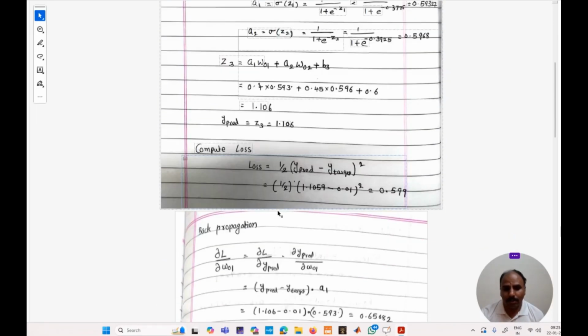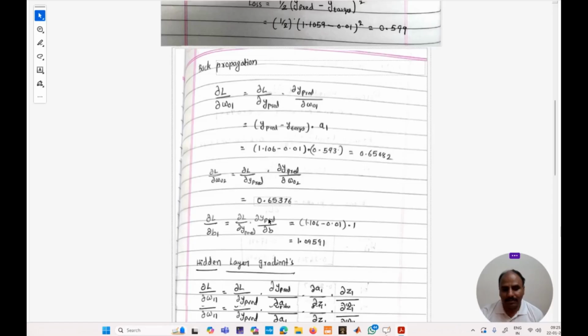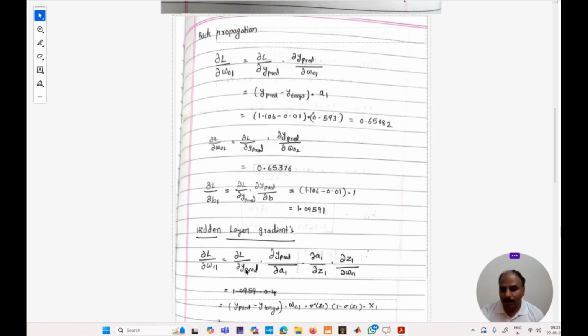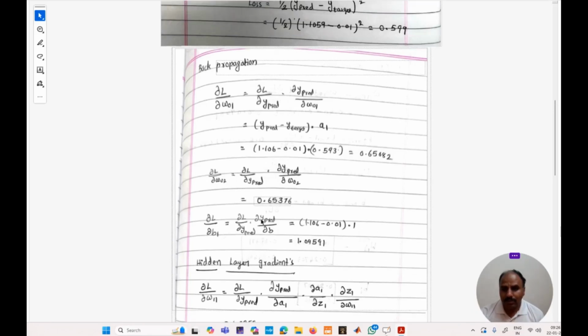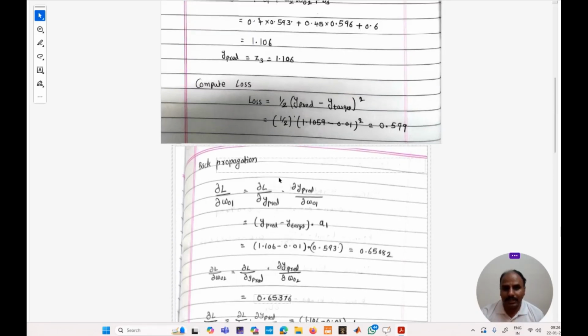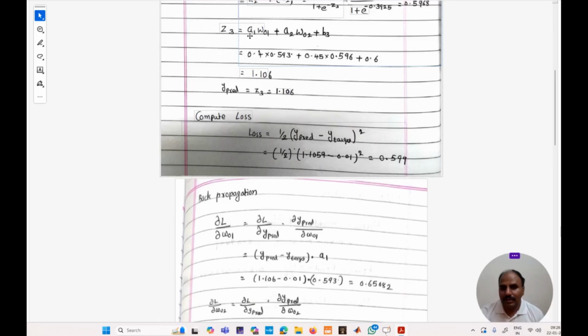How can we get ∂L/∂W1? See here, we already have ∂L/∂Y prediction, and this time we should not differentiate with W01, because we have to go up to W11. In Y prediction there is a term A1. So ∂Y prediction by ∂A1, if I differentiate, you will get W01.